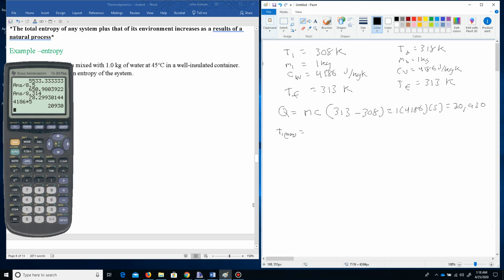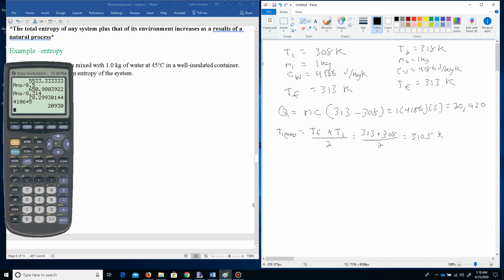Okay. It's going to be the average of T final plus T1 over 2. So 313 plus 308 over 2, which becomes 310.5 Kelvin.